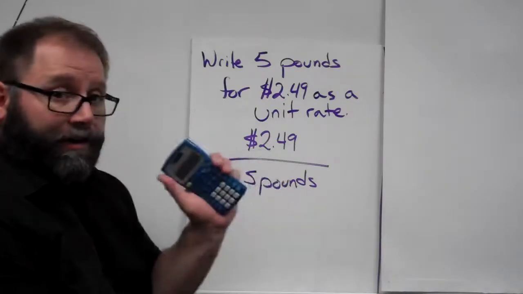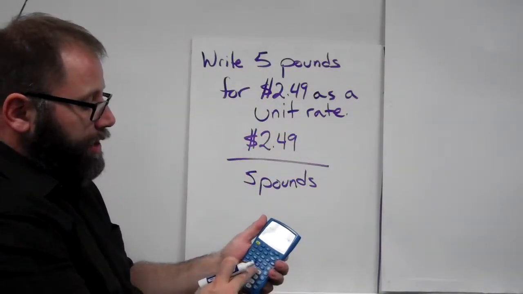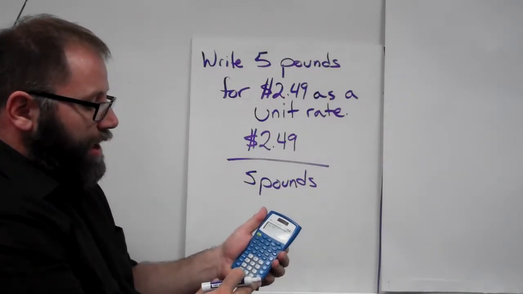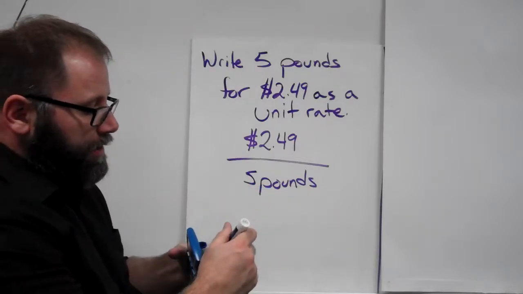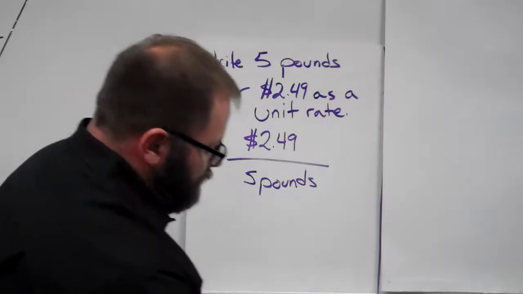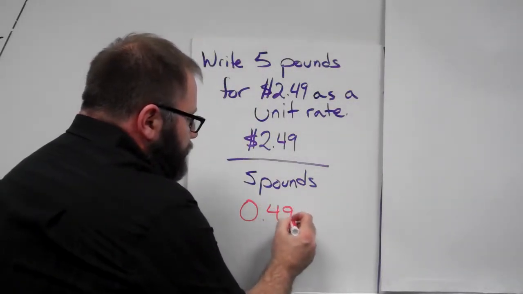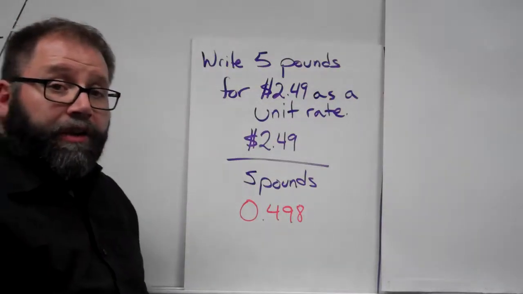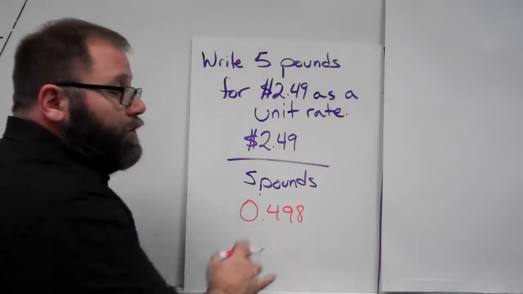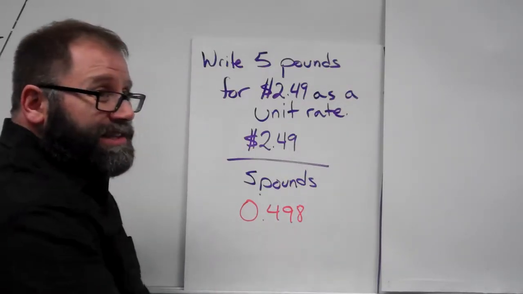But if I grab my calculator and I do my math, I do numerator 2.49 divided by 5. The calculator tells me the answer is this. Did the calculator use units? No. Did the calculator give me some form of money that we use? No. We have 49 pennies and then we have 8/10 of a penny.